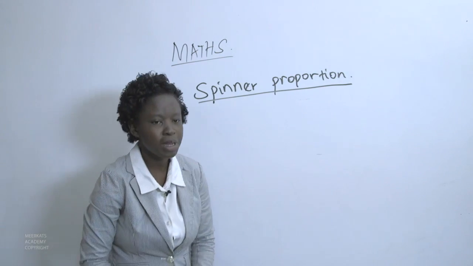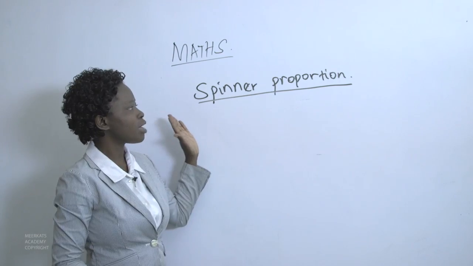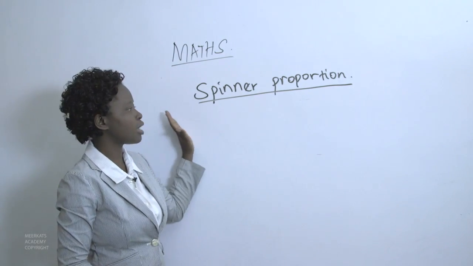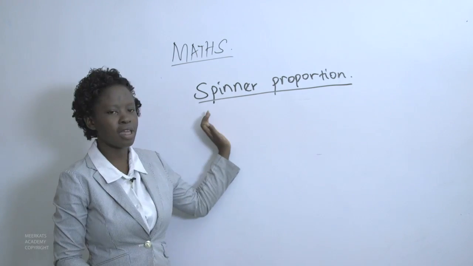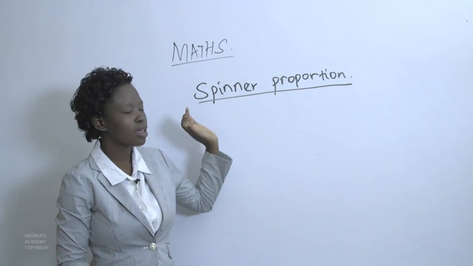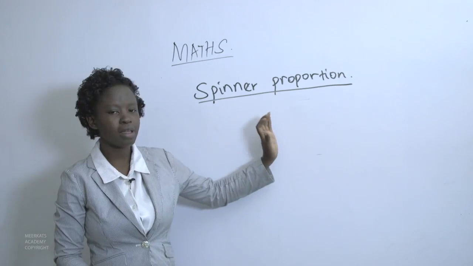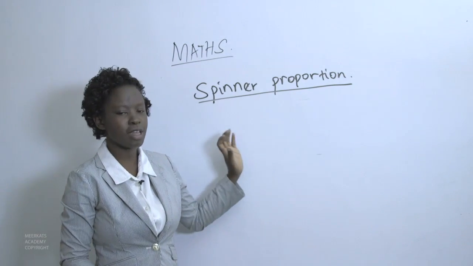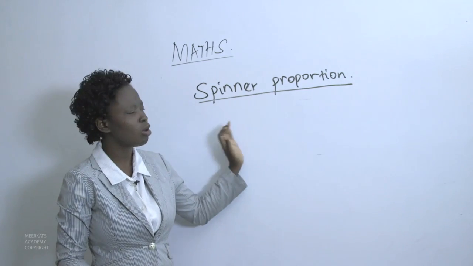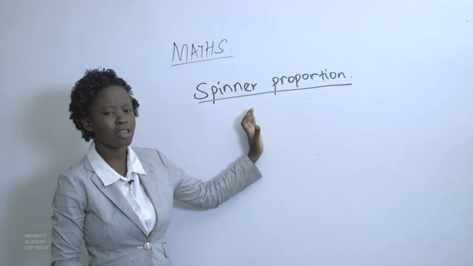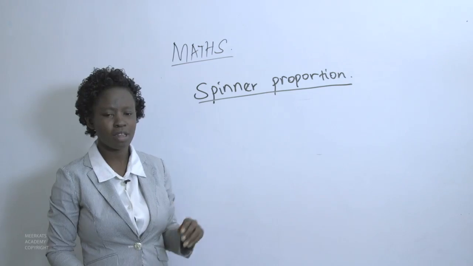So with proportion, instead of describing a chance using words, you now go ahead and describe a chance using a fraction or a decimal or a percentage, stating what is the fraction of whatever is expected to be done, or what is the percentage of whatever is expected to be done.